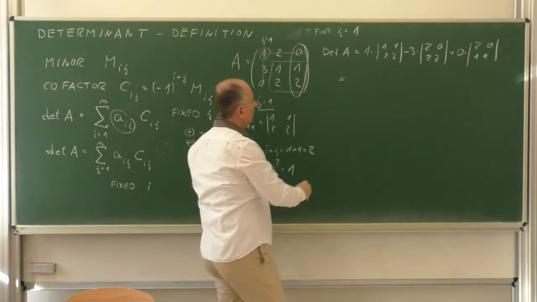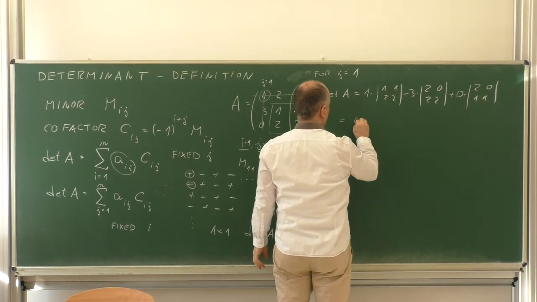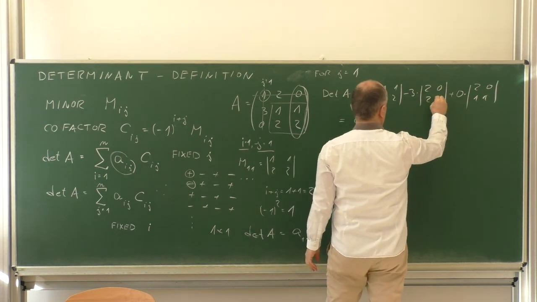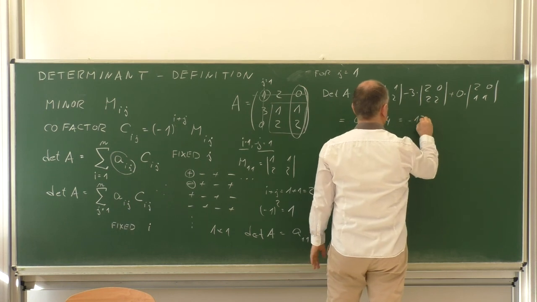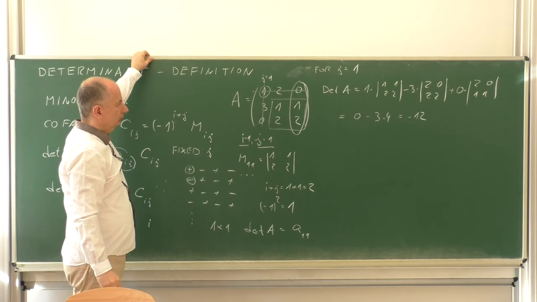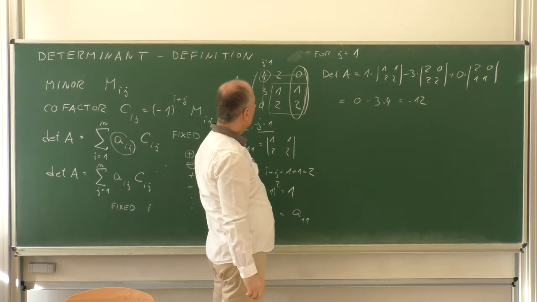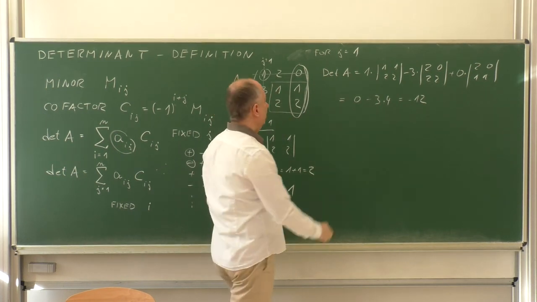So we have 1 times 1 minus 1, which is 0, minus 3 times 4, plus 0, which is minus 12. Let's try the third row, for example.